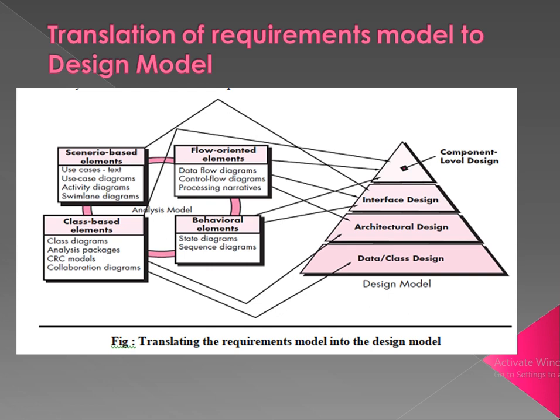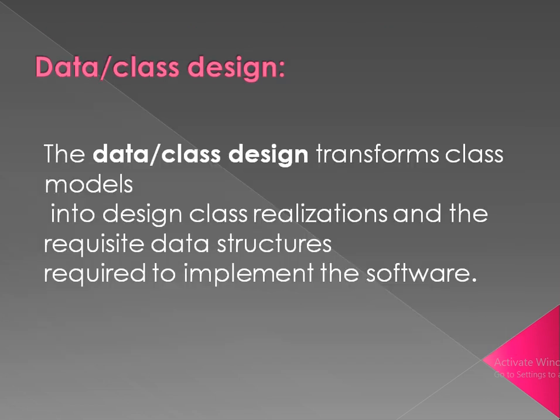Class based elements contain class diagrams, analysis packages, CRC models and collaboration diagrams. These are the basic requirements we have gathered, and in the design phase they are considered as class or data design. It contains all the class realizations and the needed data structures which are very useful to implement good software.